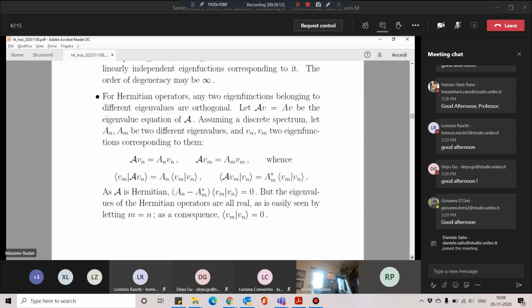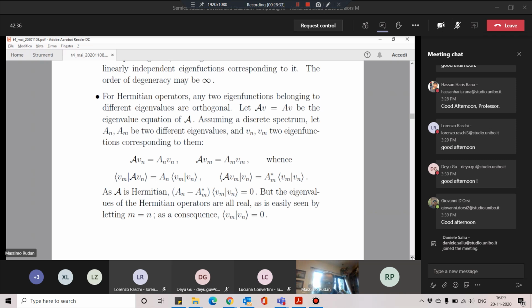Now, take an operator without specifying what operator it is. It is sufficient that it is Hermitian, and call it A. Okay. And then form the eigenvalue equation of this operator.